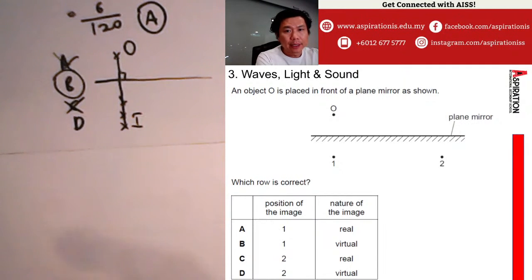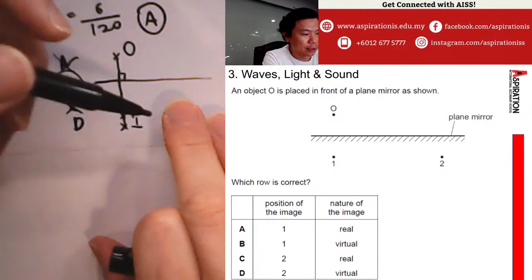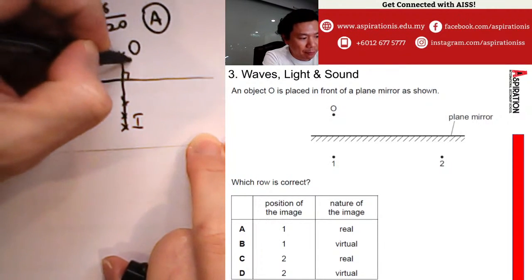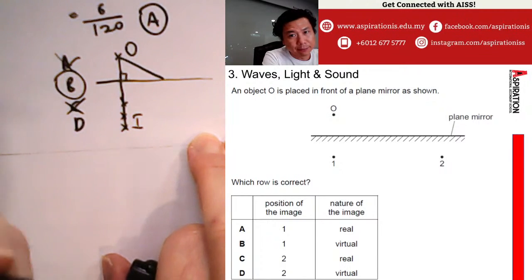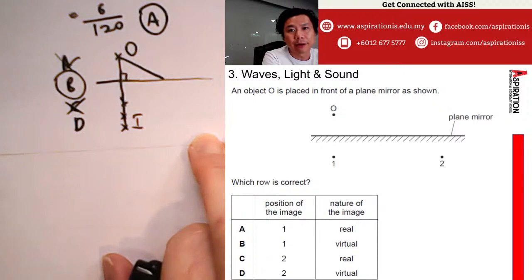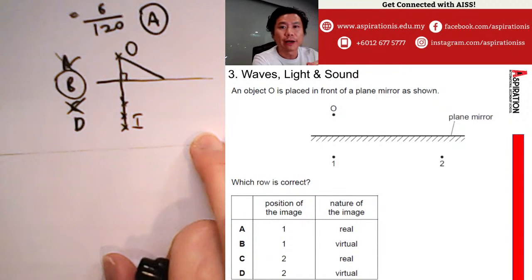Now, can I go a bit further? Do you all know how to draw the image, the ray diagram? Do you know how to draw the ray diagram? All right. Let me just illustrate. Although this is paper 2, sometimes when they come up with ray diagrams, students may find it difficult.